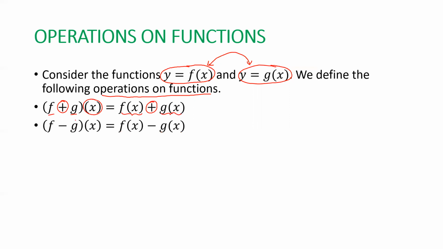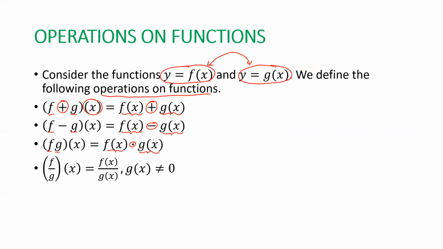Similarly, the difference between the two functions f and g is read as f minus g of x, and it is equal to the difference of f of x and g of x. The third one is the product of two functions, and it is denoted by f times g of x, and it is equal to the product of f of x and g of x.